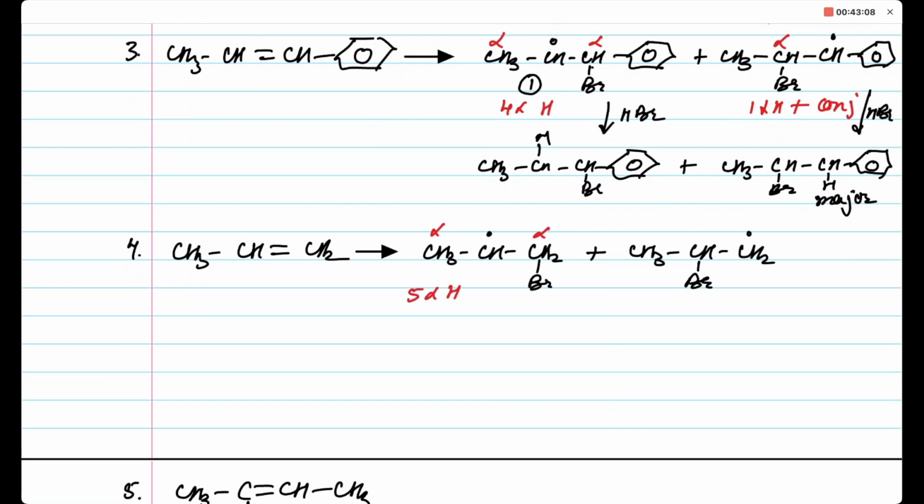In this particular case, we have this one as the alpha carbon. Please remember the carbon attached to the alpha carbon is not alpha, it is beta. So we are talking about alpha hydrogen. So there is going to be only one alpha hydrogen in this case. So is it not very obvious? This is going to be more stable. Now they are going to react with HBr.